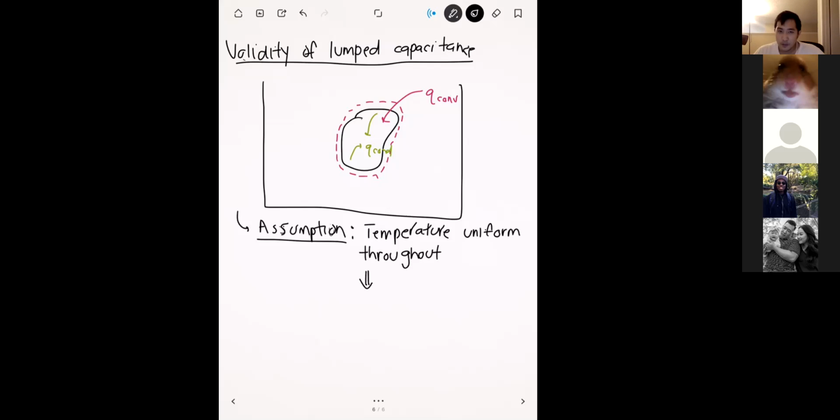If you think about this assumption according to the figure I've drawn, one way to think about it is that Q conduction has to be really, really large relative to Q convection.